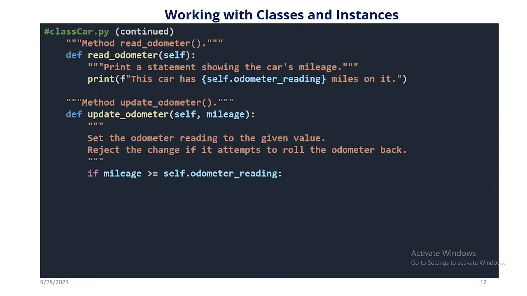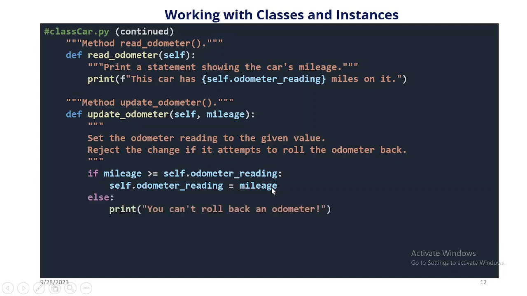If mileage is greater or equal to self.odometer_reading, recall that self.odometer_reading is the previous one that was entered when the class was created, or the most recent one when the odometer reading was updated. So we keep checking. If the current mileage that you are asking us to put there is greater than the previous one, then set the current mileage to the new one that you are adding in the method. Otherwise, send a message: you cannot roll back an odometer.